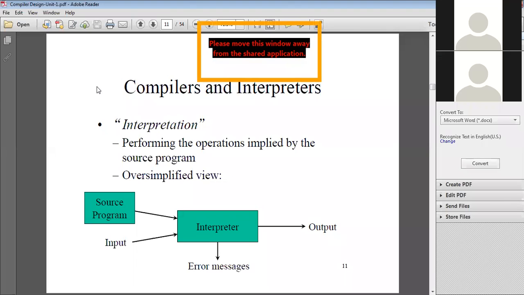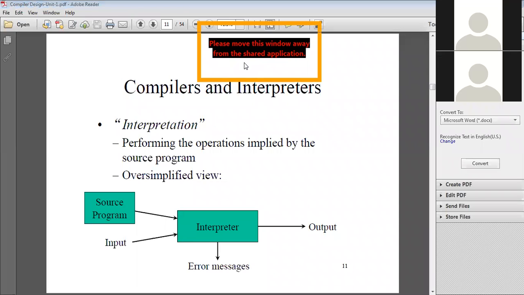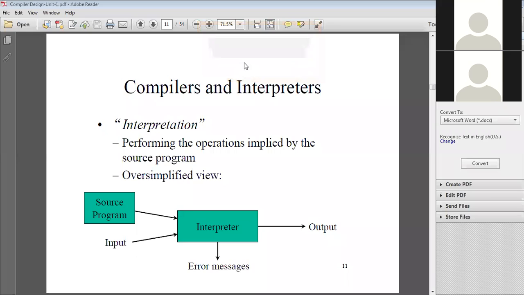The same thing is done by the interpreter. But the difference is that the compiler converts your whole program into a machine language program, while the interpreter converts it line by line.